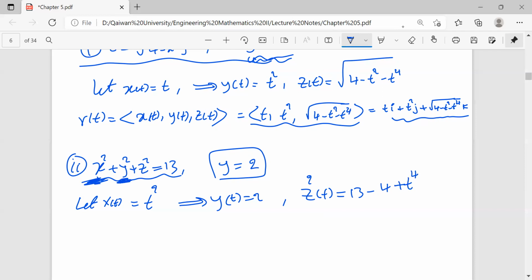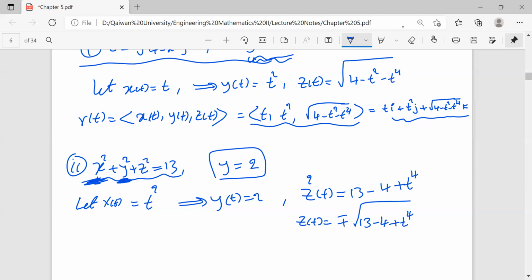This is z squared of t, but we must find z of t. We take the square root of both sides. Z of t equals plus or minus square root of 13 minus 4 plus t to the power 4.